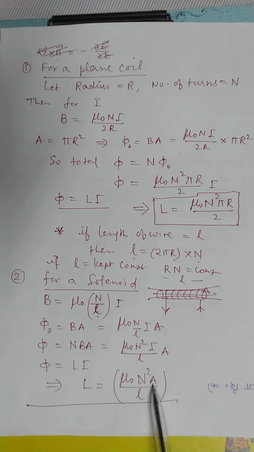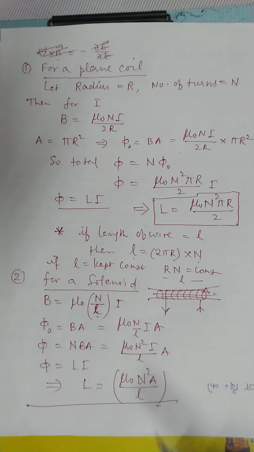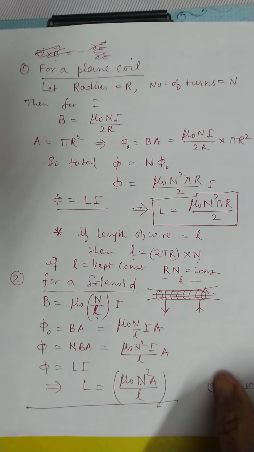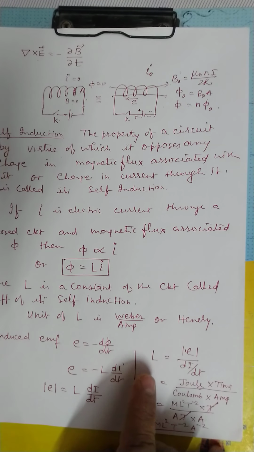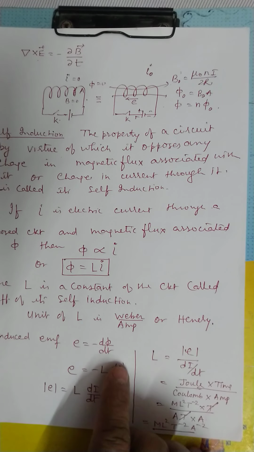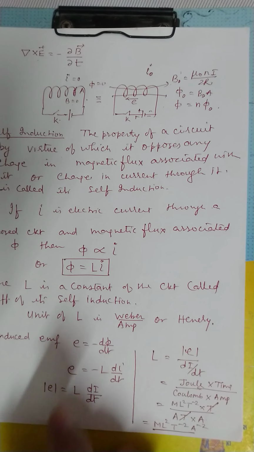Here the area also plays an important role. Area A, the cross section of the solenoid. Larger the area of cross section, more will be the coefficient of self-induction. And I would like to tell you, on the last page when I wrote the last formula, see here, larger is di by dt, more will be the induced EMF.